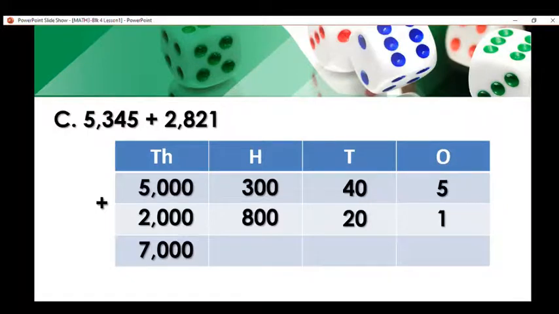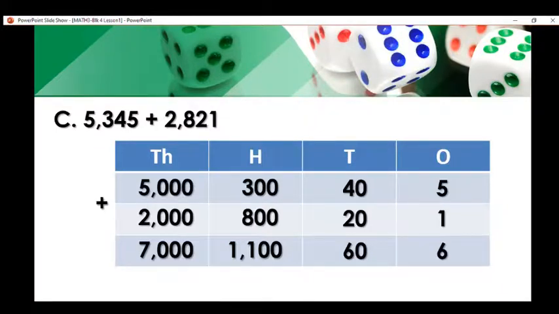5,000 plus 2,000, that would be 7,000. 300 plus 800, we got 1,100. 40 plus 20, that is 60. 5 plus 1, that is 6. So if you observe your hundreds, you got 1,100.